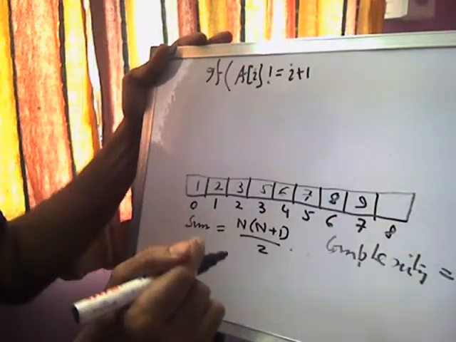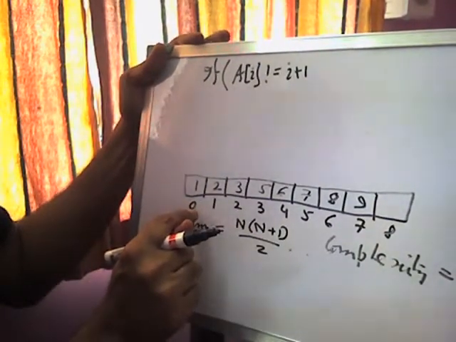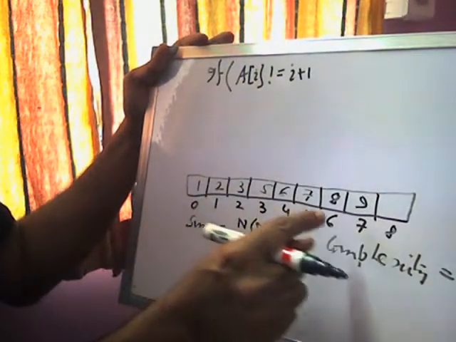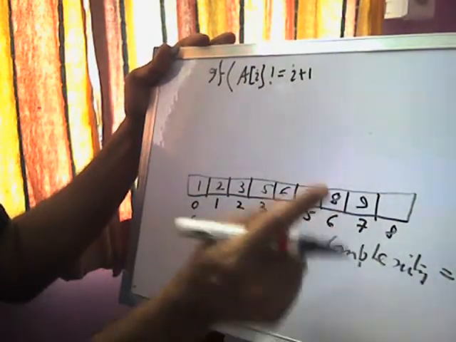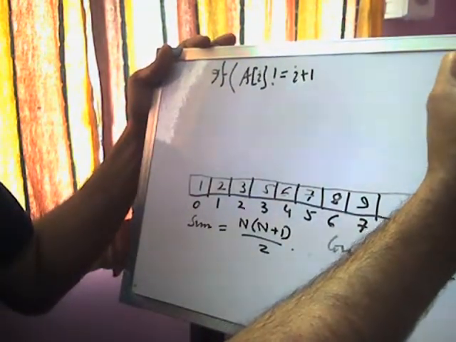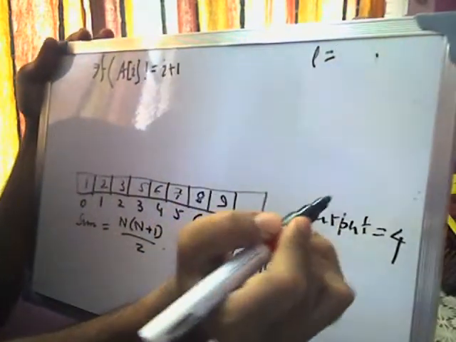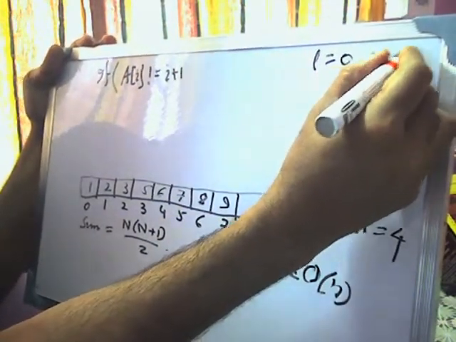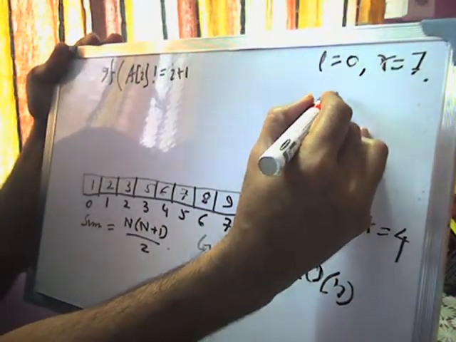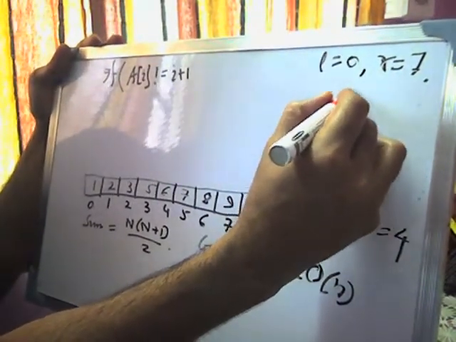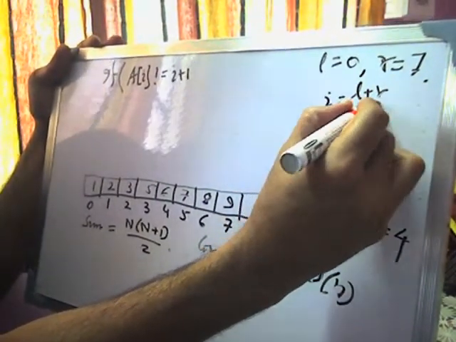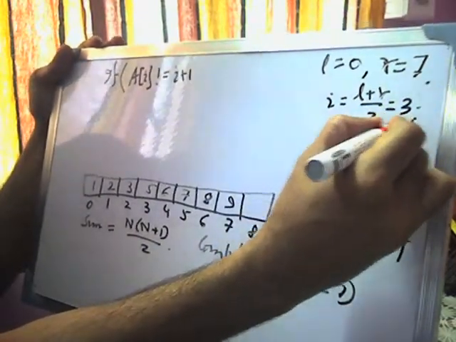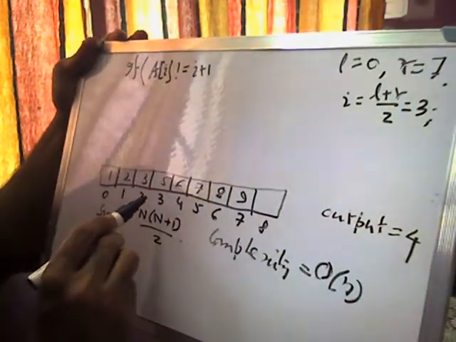Suppose you are doing this: L is equal to 0, and here R is equal to 7 for this example. So i is equal to (L plus R) by 2, that is here 3, as we are taking the integer value. So 3 means this is the third position.